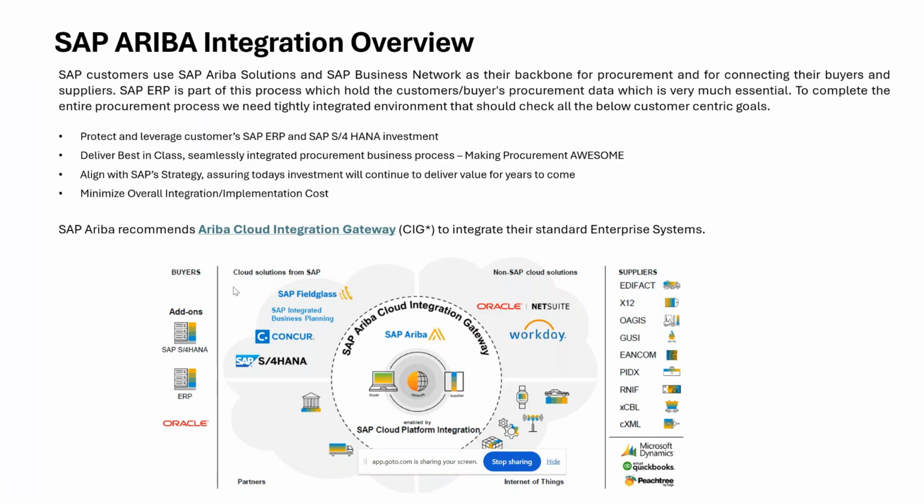For all these SAP ERP integrations, we can go with the recommended approach of Ariba CIG to tightly integrate these systems to support the entire procure to pay lifecycle, and it supports all the different Ariba solutions in the market.